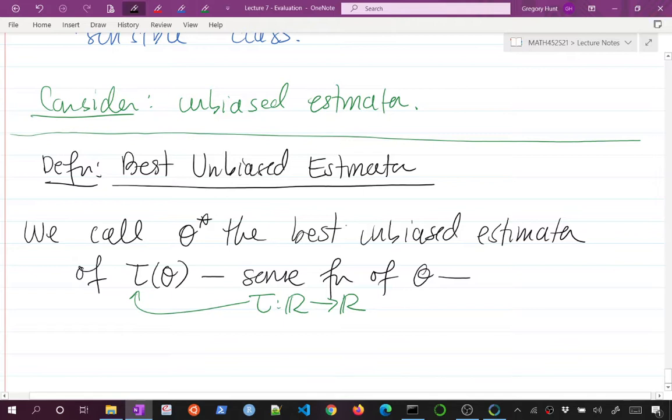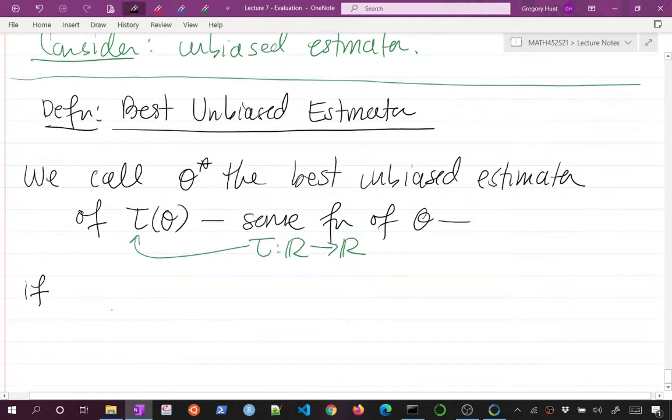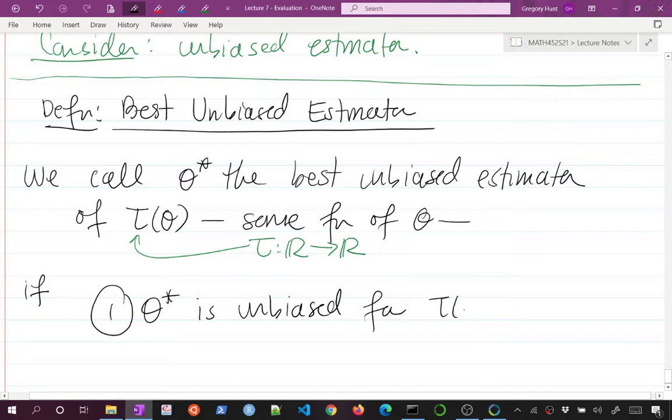In any case, we call theta hat the best unbiased estimator of some function, or of our parameter, if the following conditions hold. 1, theta star is unbiased, as the name implies, for tau of theta.